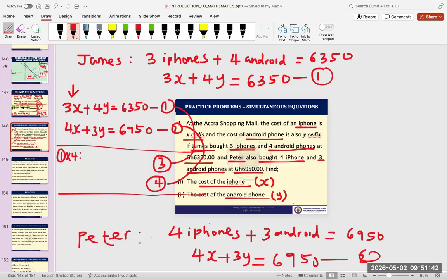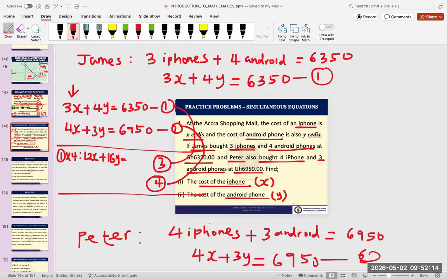And so 4 times 3x will give us 12x plus 4 times 4y will give us 16y. I hope you have your calculators by you so that the heavy calculations will help me get the answers.